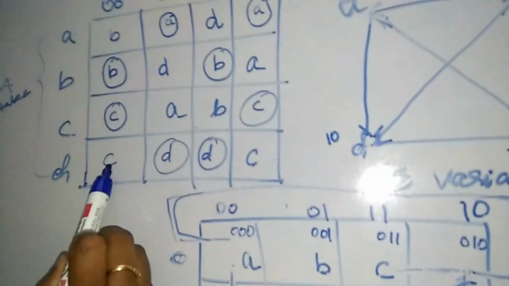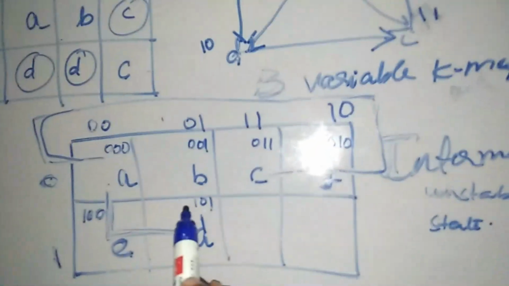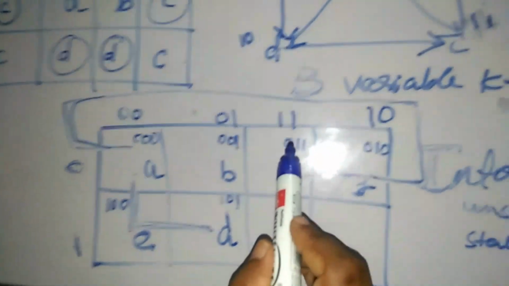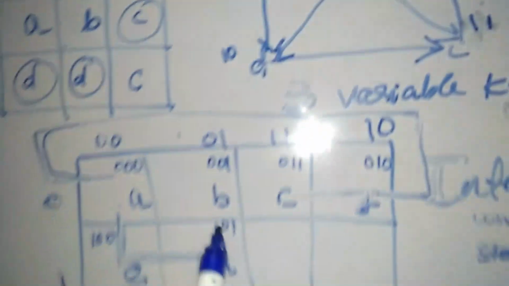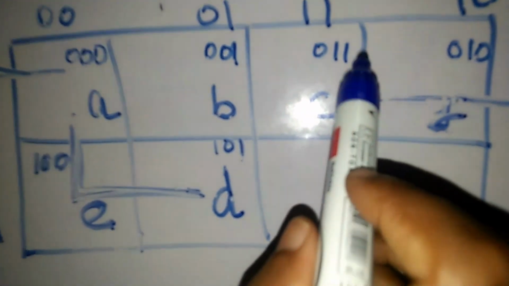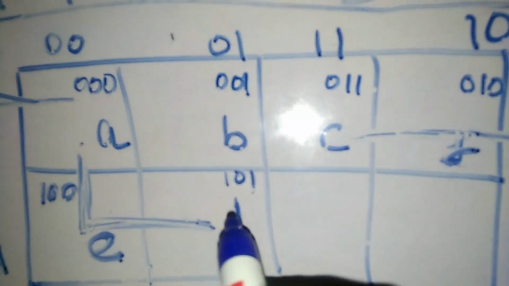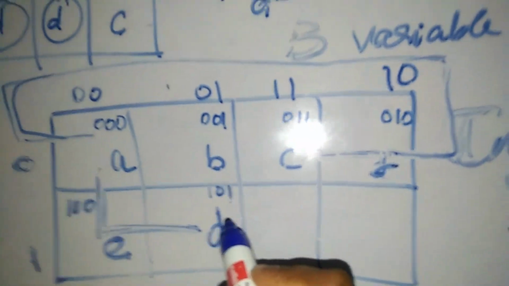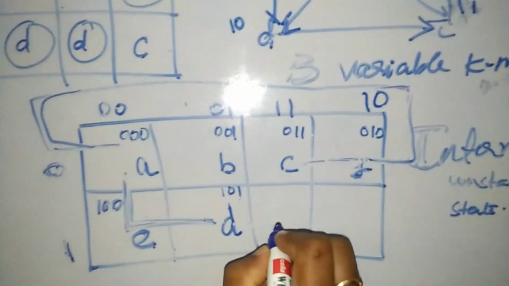Now coming back to the last state, D, D to C. If you're taking D to C, what is D? D is 1, 0, 1, C is 0, 1, 1. So you can see that it is differing in 2 positions, right? Yes. So here the race condition prevails. To eliminate the race condition, what shall I do? I should include an intermediate state. So I shall include this state over here.